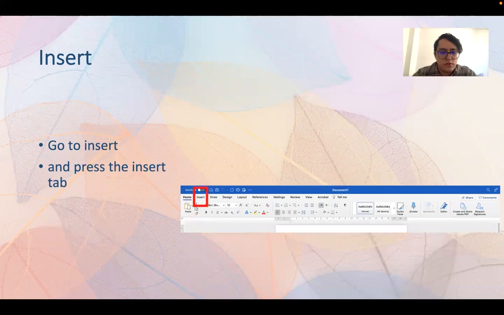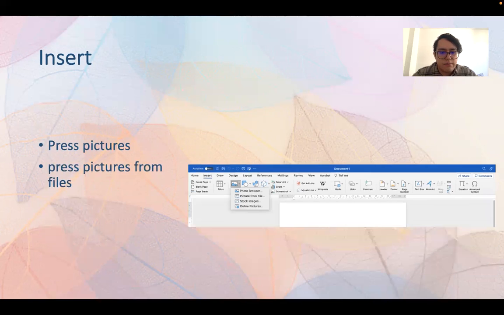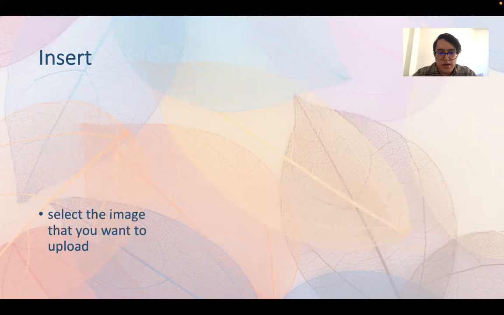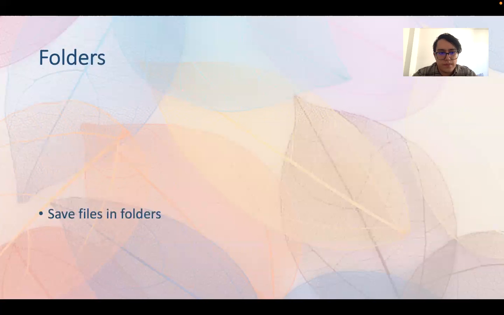If you go to the insert tab, you can click on pictures, then pictures from files, and you can import pictures that you want from your desktop and click insert after.